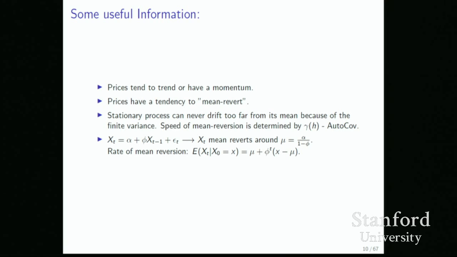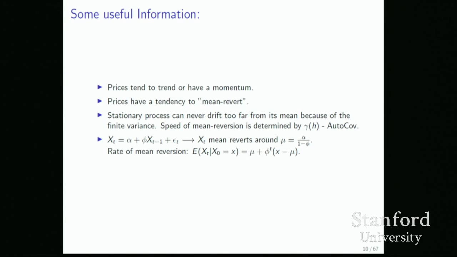Whereas mean reversion is a fairly straightforward concept, that is that prices are supposed to fluctuate around a certain mean, and whenever it deviates too much from that mean, you can make some sort of trade and then it's supposed to come back to where it was before. That's the idea behind it.